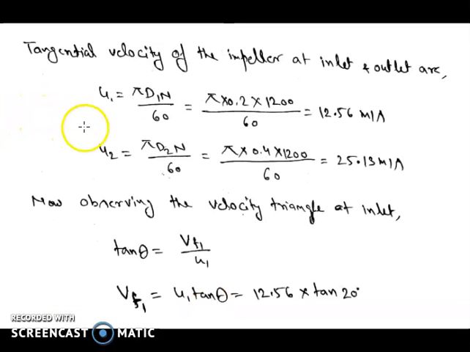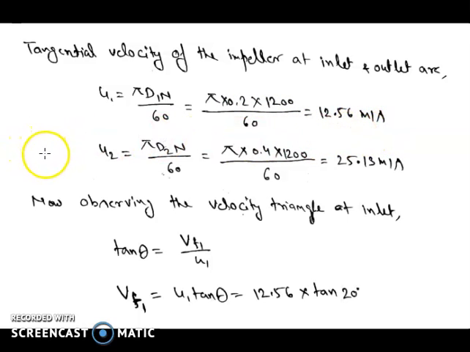Now the tangential velocity of the impeller at inlet can be calculated by using the formula U1 is equal to pi D1 N by 60. So it is equal to pi into D1, which has the value 0.2, multiplied by N, which is 1200, divided by 60. So U1 is equal to 12.56 meter per second.